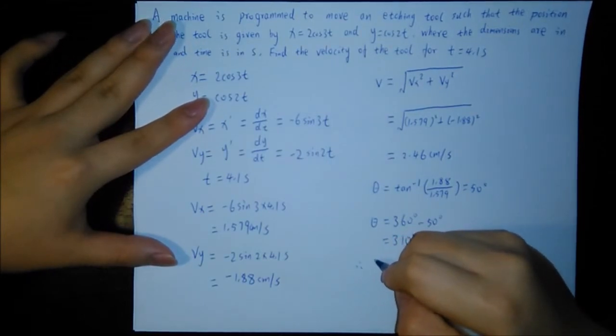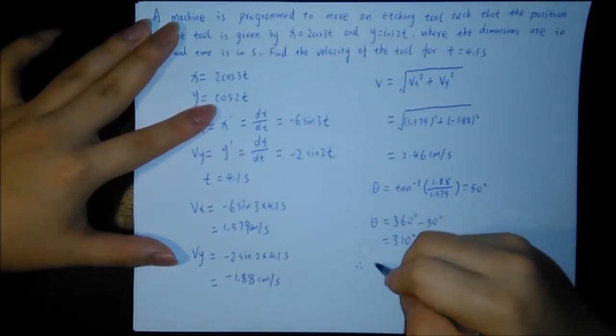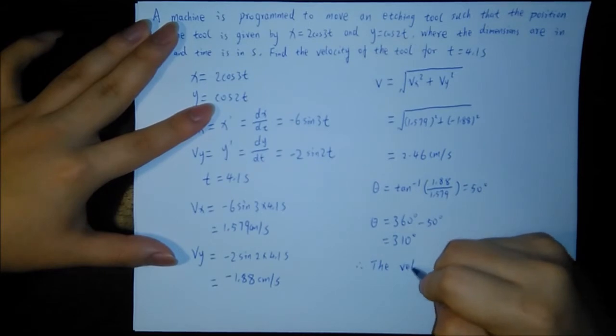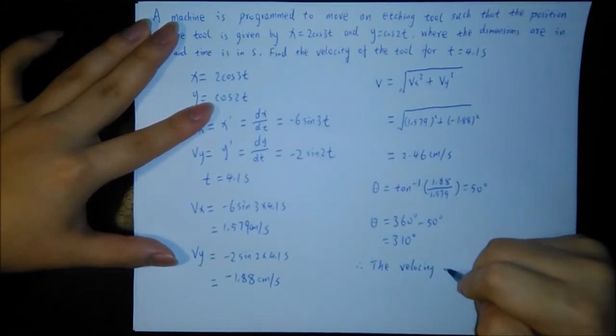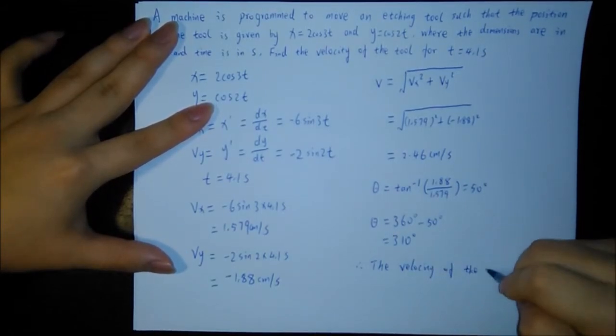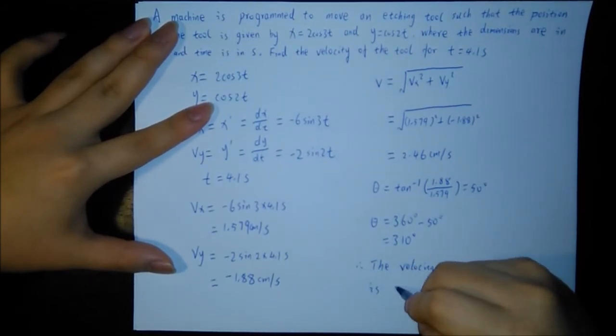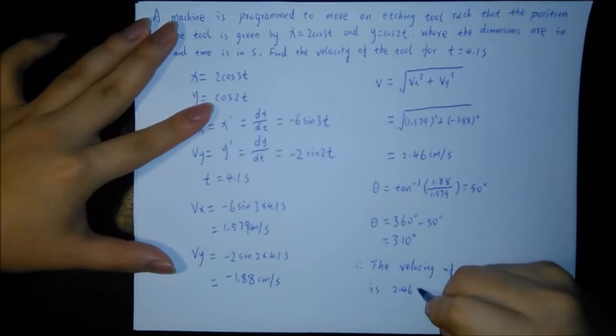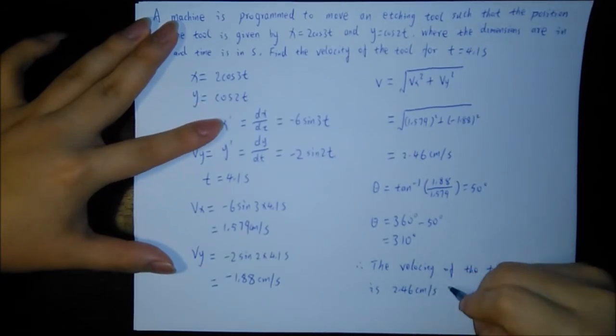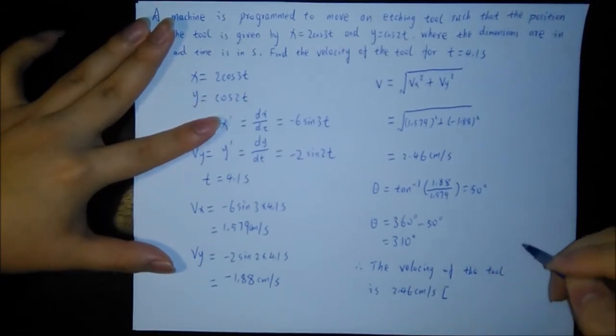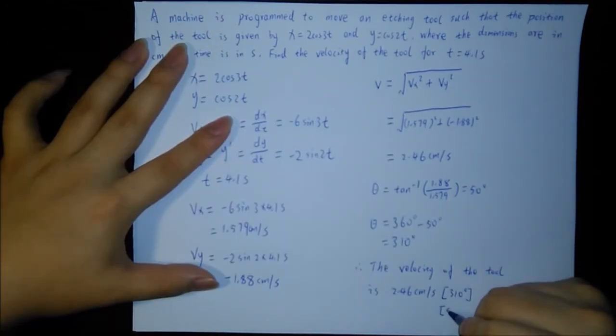So the velocity of the object is 2.46 centimeters per second, and the direction is south 40 degrees east.